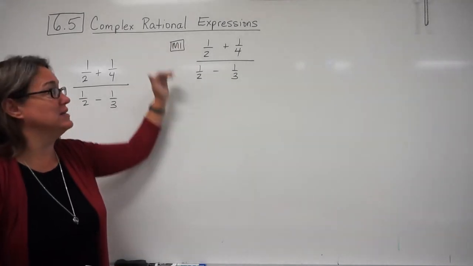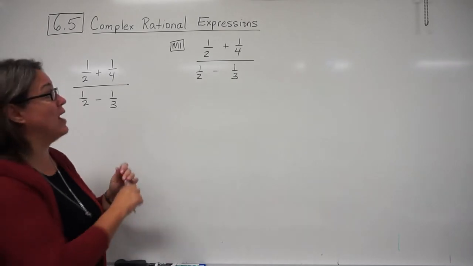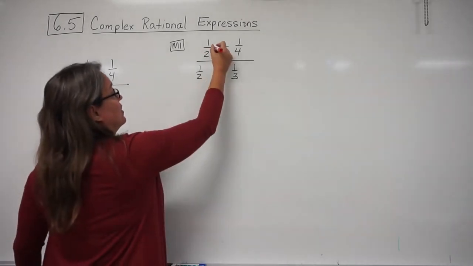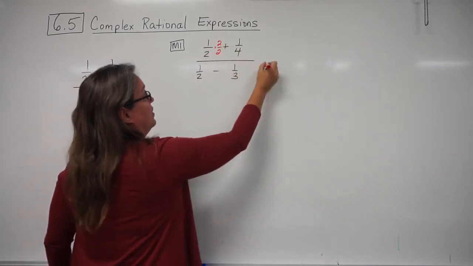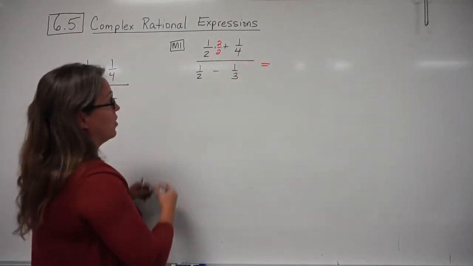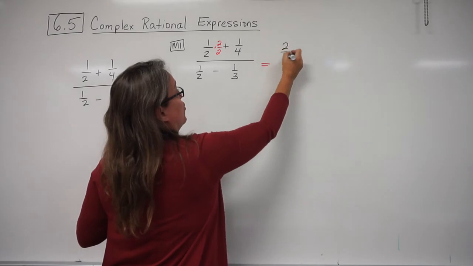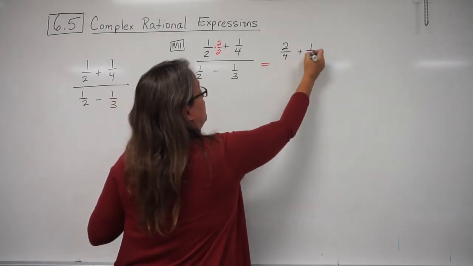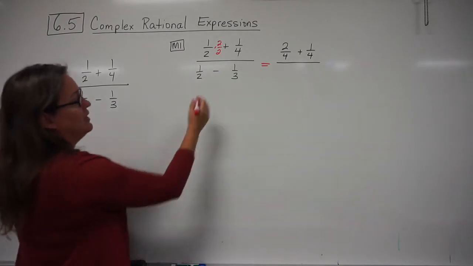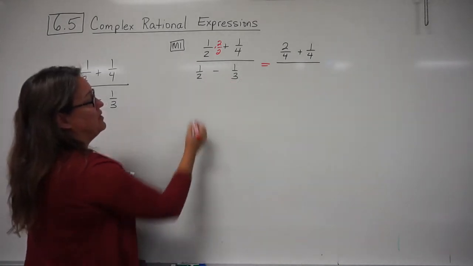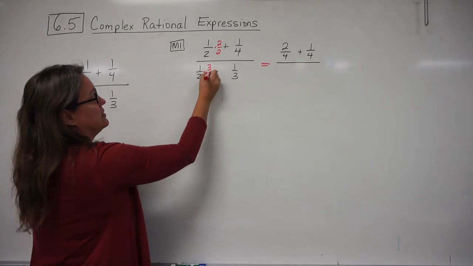In other words, I want to add and I want to subtract. So here, up top, my common denominator will be 4, and I get 2/4 plus 1/4. And now I'll be able to add those. Focusing in on the bottom, common denominator is 6.